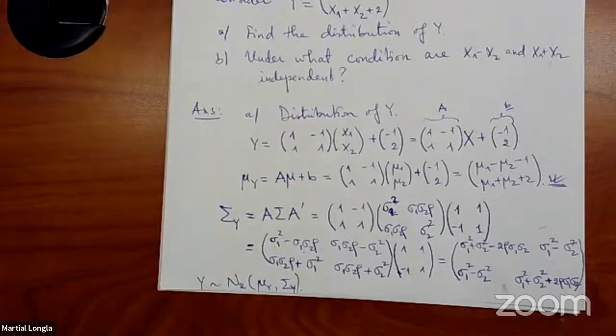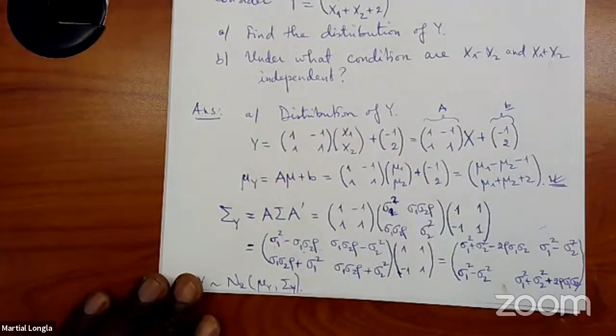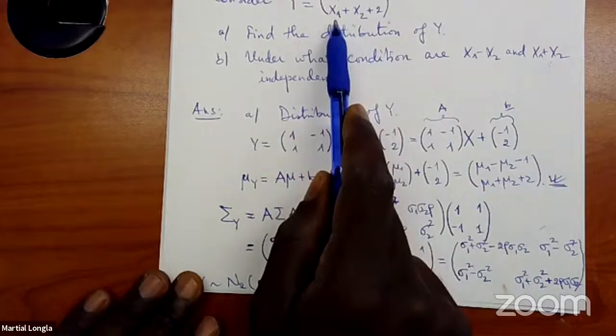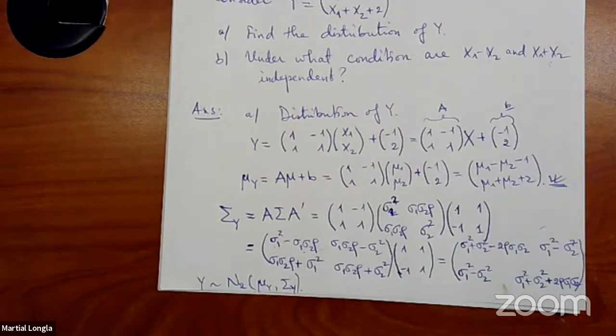So if the two random variables that you start with have the same variances, then no matter what the correlation is, x1 minus x2 and x1 plus x2 are going to be independent. Now, quick question. My y is not exactly x1 minus x2 and x1 plus x2. Why can I conclude based on this that x1 minus x2 and x1 plus x2 are going to be independent anyway?